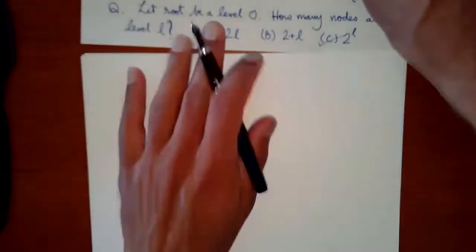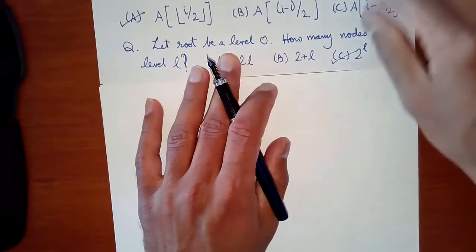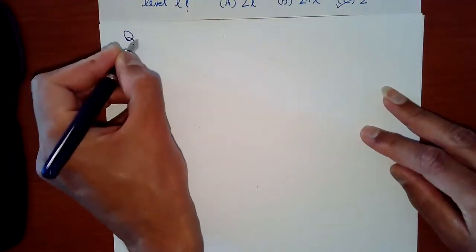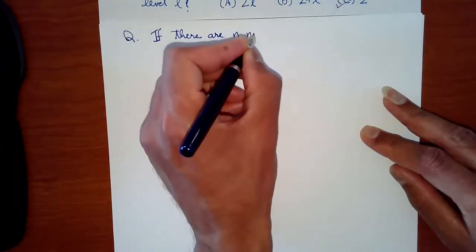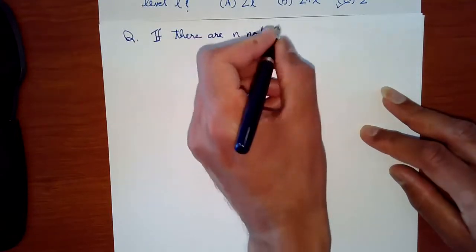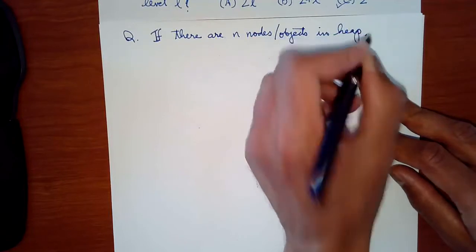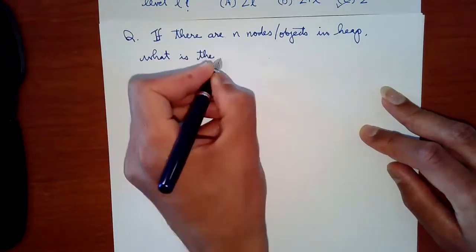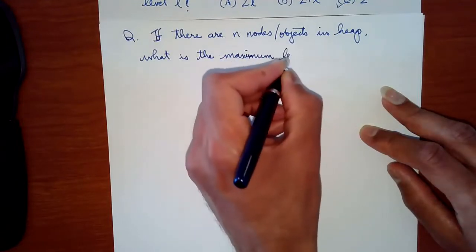Now that you've understood these, my next question is, if there are n nodes or objects in the heap, what is the maximum level?